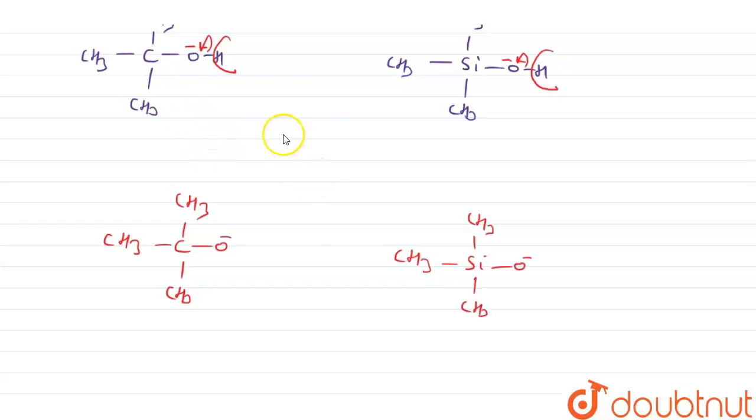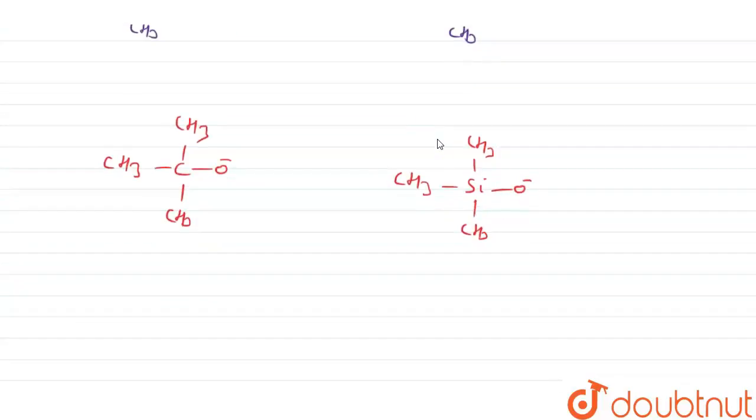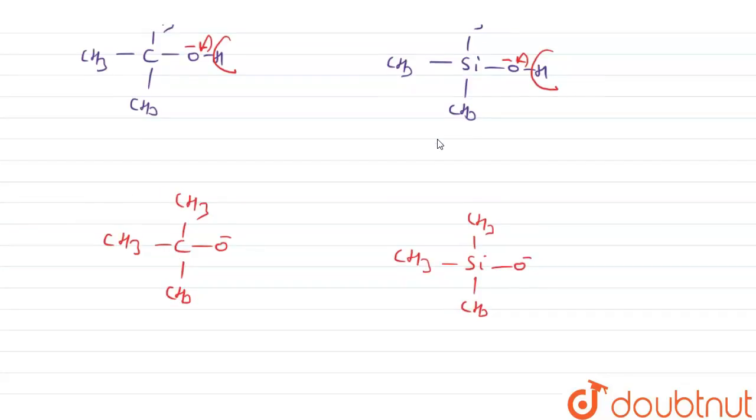Now we only need to check the stability of the conjugate bases. If the conjugate base is more stable, then acidity will be high. Here this negative charge cannot do any resonance. It is very unstable because of the plus I effect of these methyl groups, which destabilize the anion by increasing electron density.